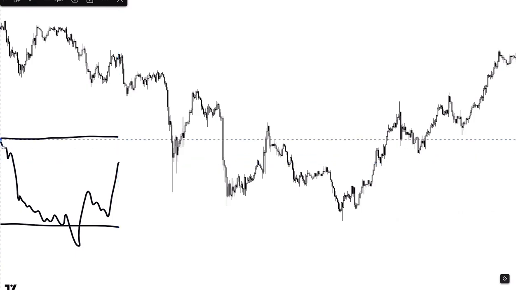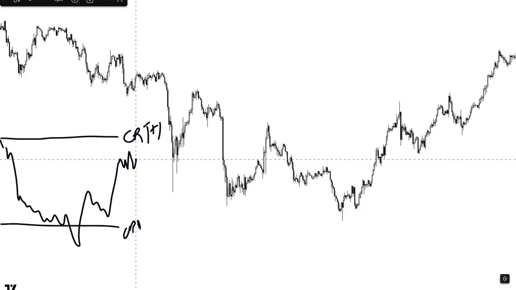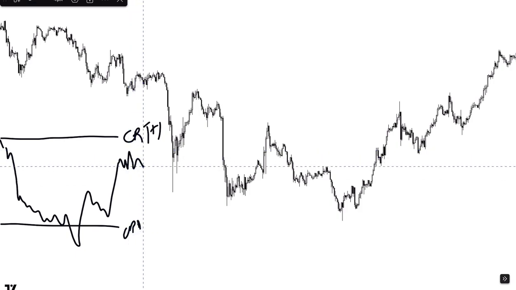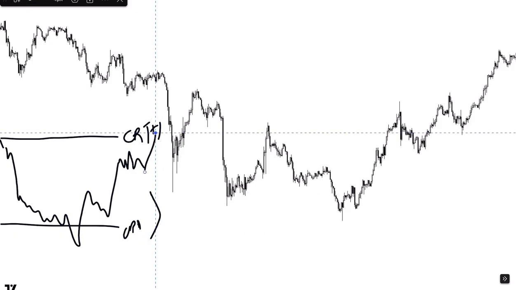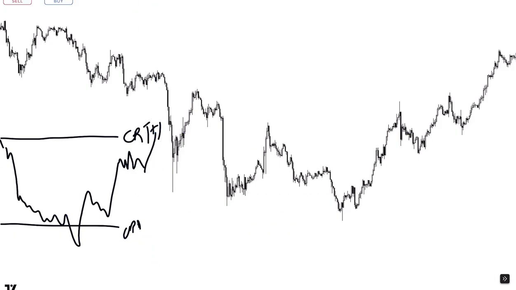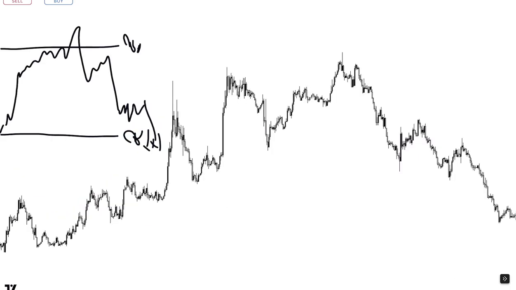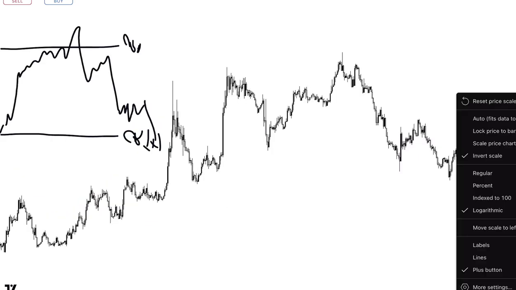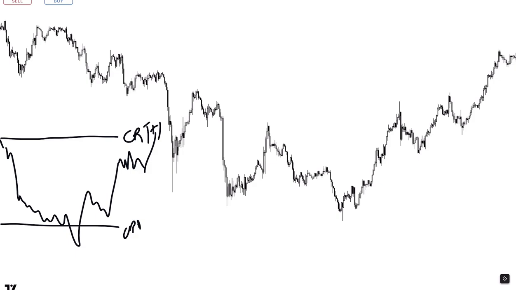Before reaching the target, CRT high for example, they wiggle around, they range, they turtle soup, and that right there is the kiss of death turtle soup, right? Which then pushes price to the target, right? So the last turtle soup before the target is the kiss of death turtle soup, and vice versa, the inverse kiss of death turtle soup, right?